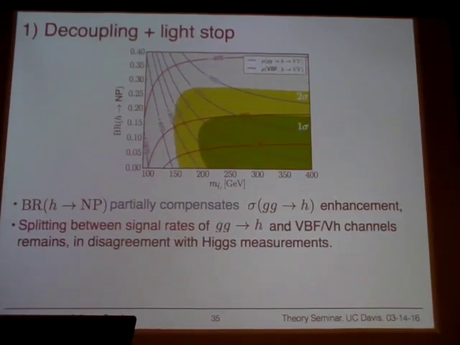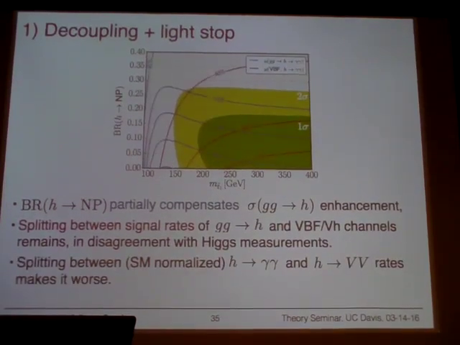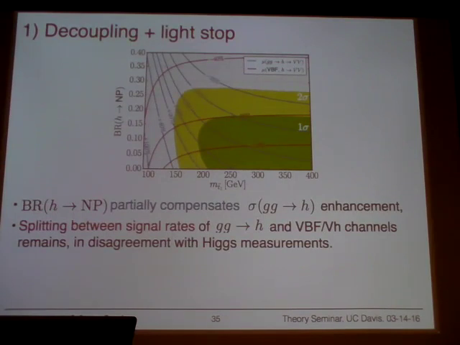Sorry, can I just ask, is it correct that this constraint is mainly coming from the Higgs-gluon coupling, and you're assuming that there's no additional new physics other than the light stop in that? So I could roughly think of this as a bound on the light stop contribution to the Higgs-gluon coupling. Yes. But you're being very agnostic.